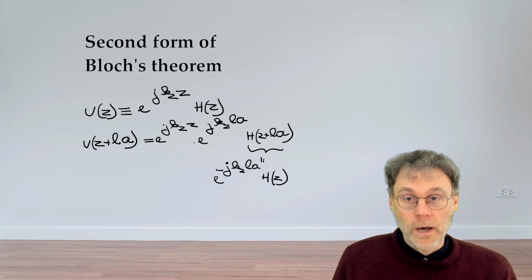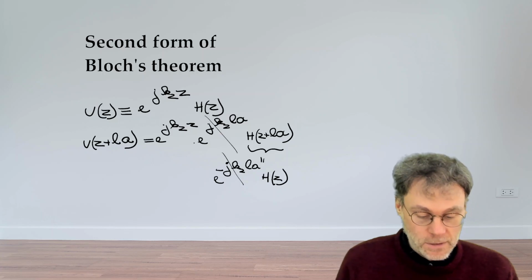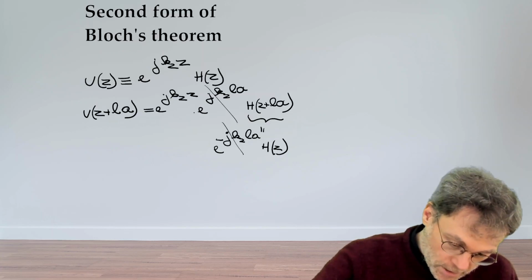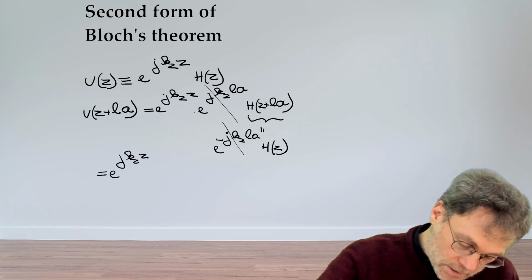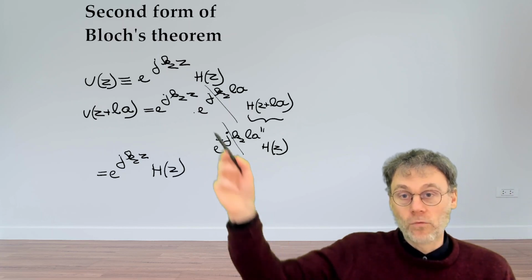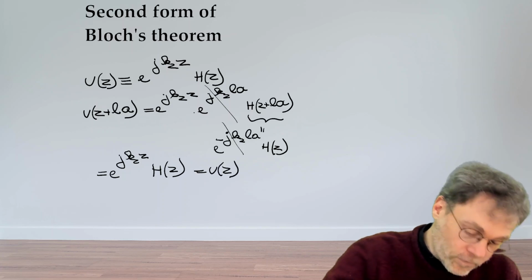So if we combine this information from Bloch's theorem with what we had earlier, then these two things cancel, exponential minus and exponential plus j kz LA. And in the end, we can write that this is equal to exponential j kz z h of z. And if we then refer back to our definition, this is actually indeed u of z.